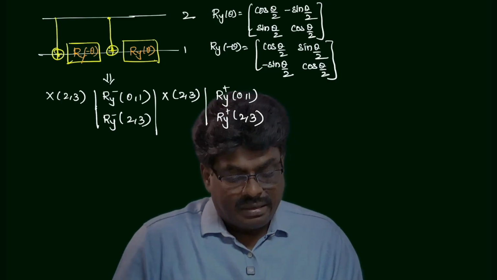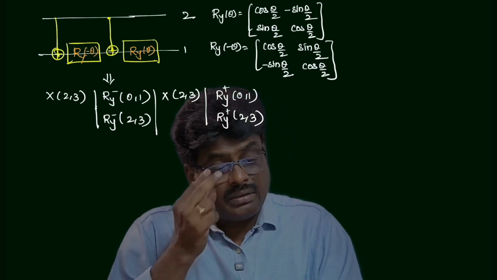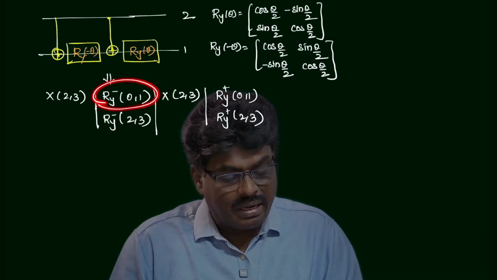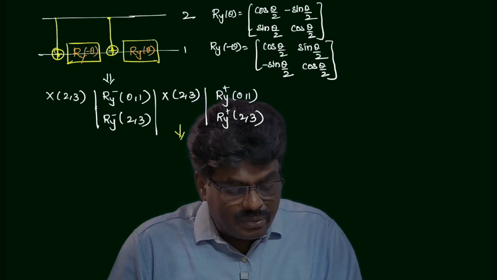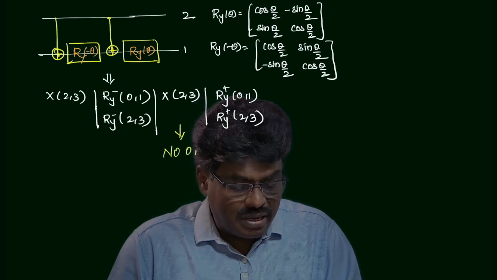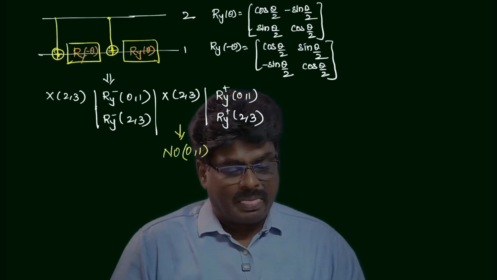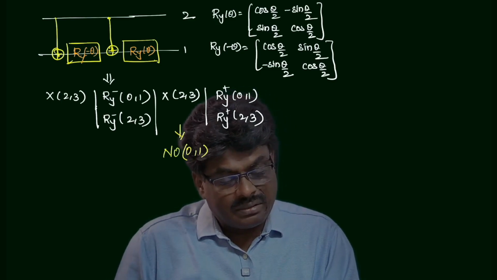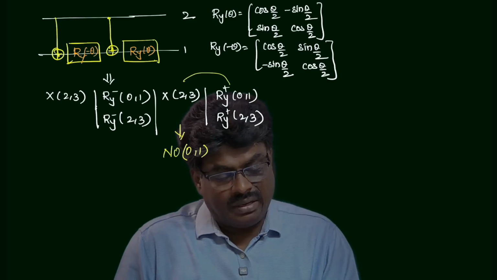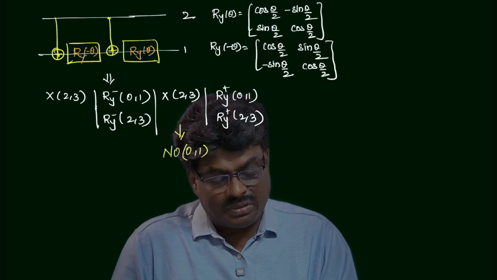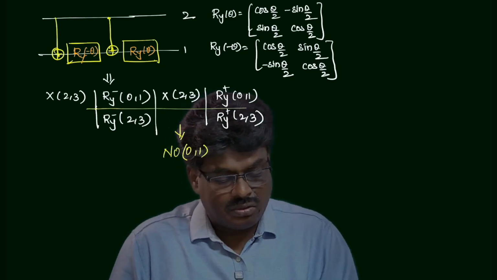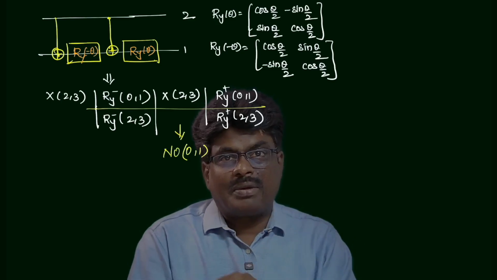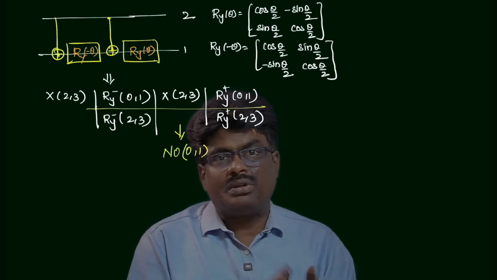Now here, see, we have 0 comma 1 and 0 comma 1. In the middle here we don't have any 0 comma 1 combination. That means whenever you observe this top one, you can bring this Ry plus to this side, because there is no 0 comma 1.